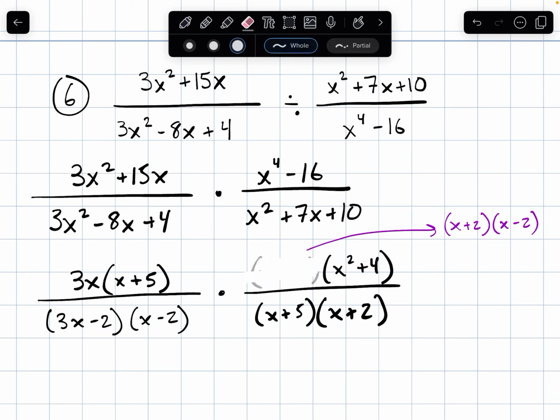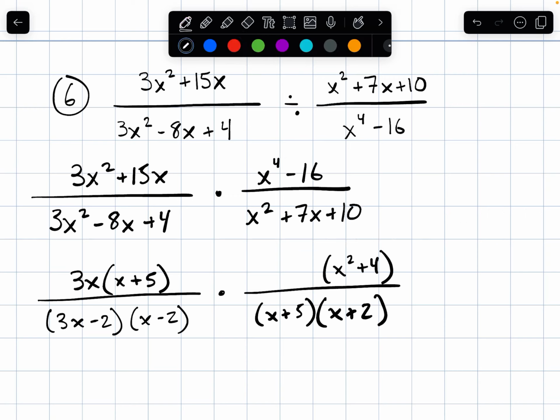So I'm going to erase this real quick and change that into x plus 2, x minus 2. Now we can't factor this because there's a plus here. There's no such thing as a sum of squares when we factor. So we can't factor that at all, but everything else here looks factored.